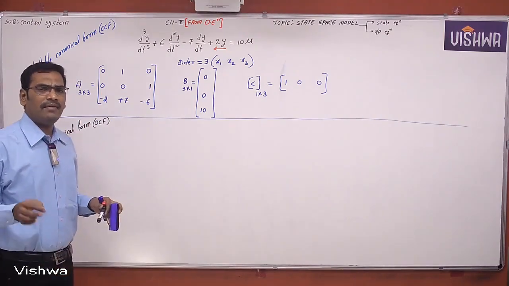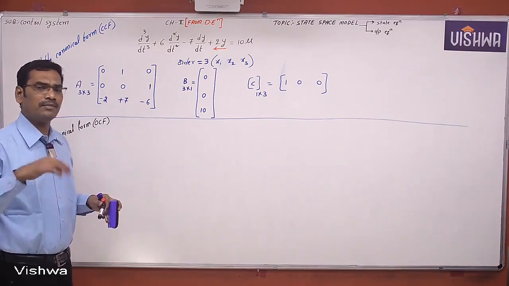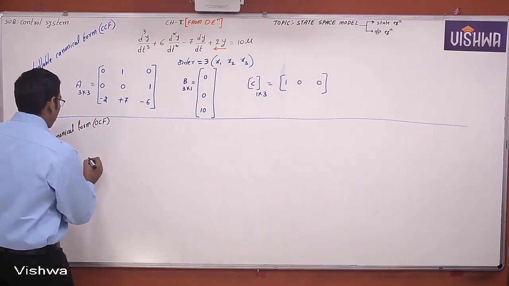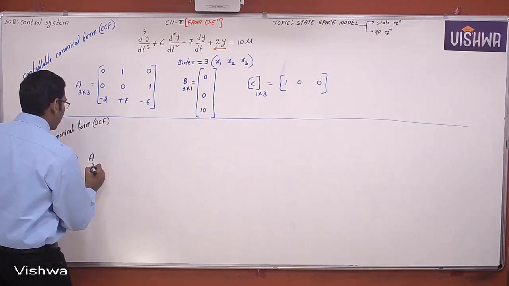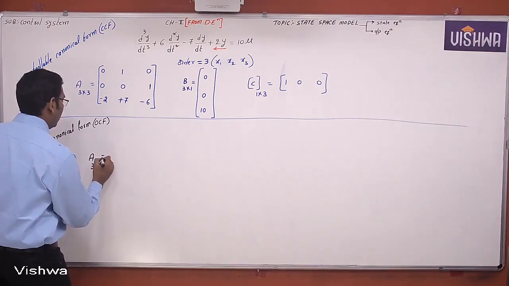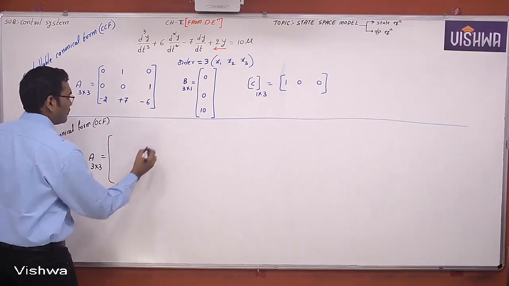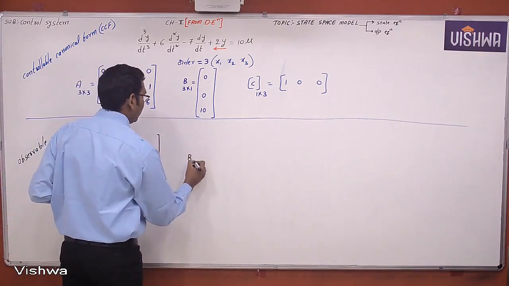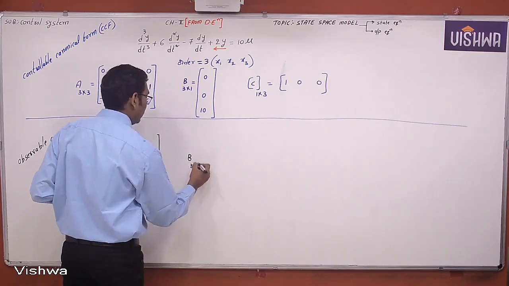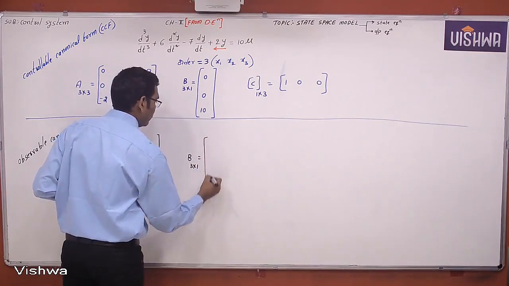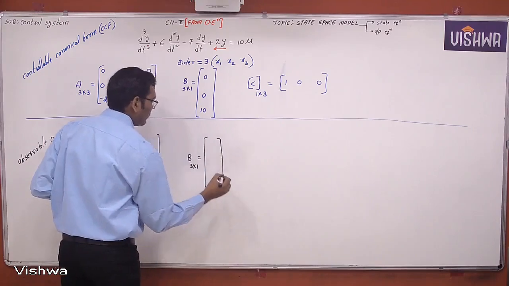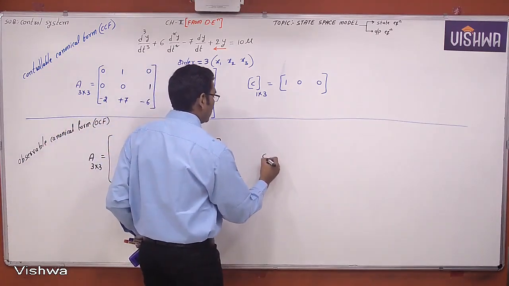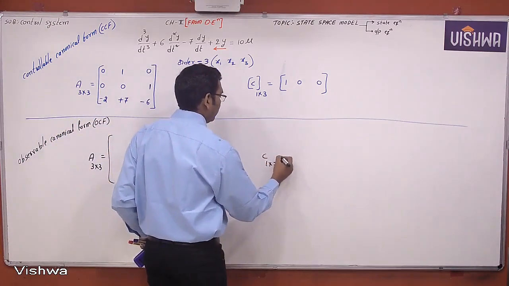So when he is asking the state space model in observable canonical form, A matrix order is same, 3 by 3. B matrix is also same, 3 by 1. C matrix is also same, 1 by 3.